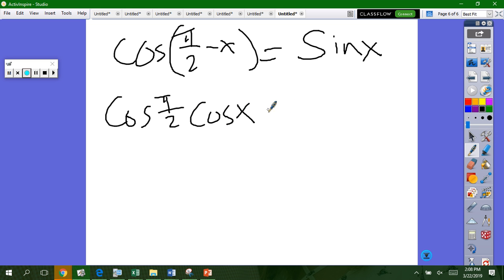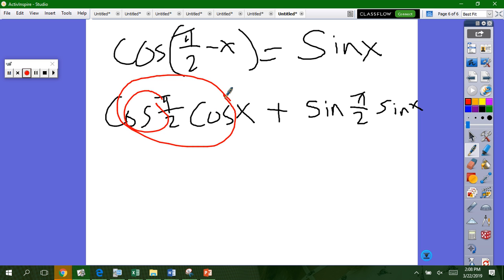Because it's a minus, I do a plus, sine of pi halves, sine of x. Can somebody tell me what the cosine of pi halves is? Zero. And what's 0 times anything? 0.